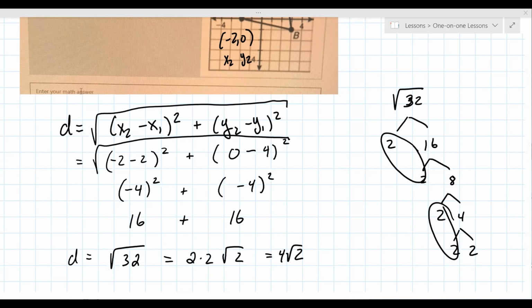Number 7. Okay, so name a pair of congruent segments. All right. What we should have done, or what I should have done, is left them labeled on the picture. So I'm going to snip in the picture here.